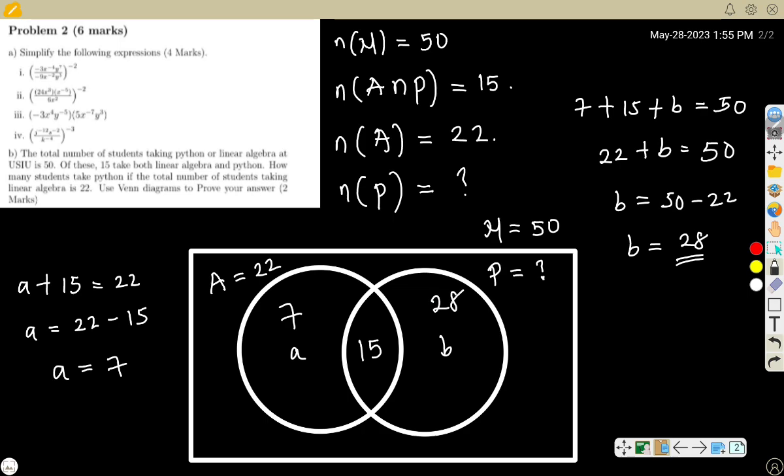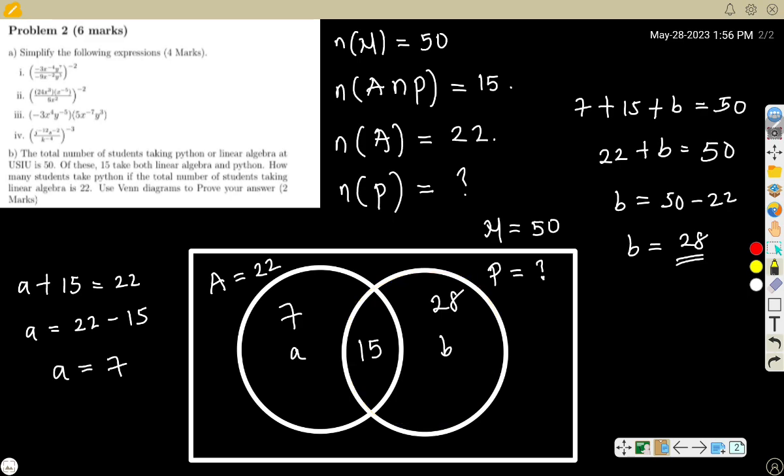So because we know that place, we can now find the answer. The question says number of how many students take Python. So the question did not say Python only. The question says how many students take Python. So that means everything in this circle represents Python, but 28 take Python only.